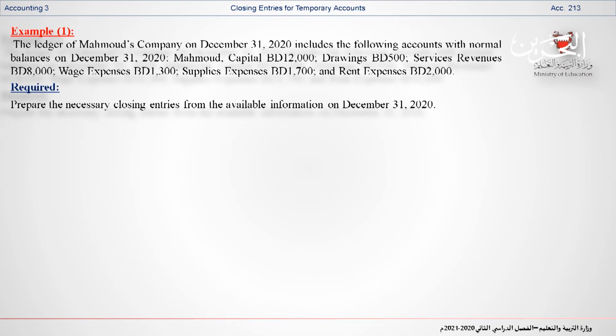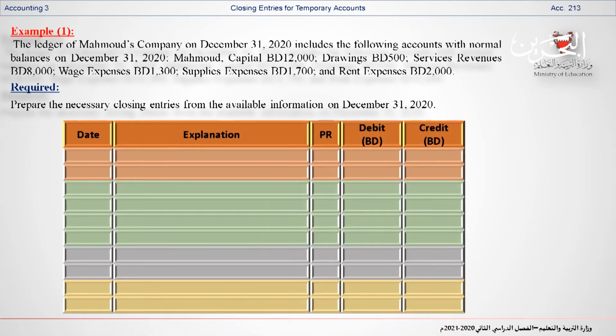You are required now to prepare the necessary closing entries from the available information.